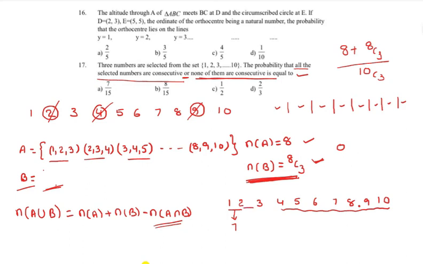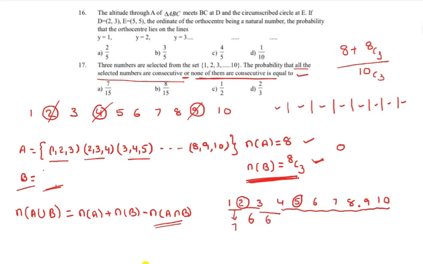Suppose we selected 2, 3, then how many options do we have? 6 options are there. If we select 3, 4, then how many options? Because you can't select 5, and you can't select 2 also. Here 6, 7, 8, 9, 10, and you can select 1 also.